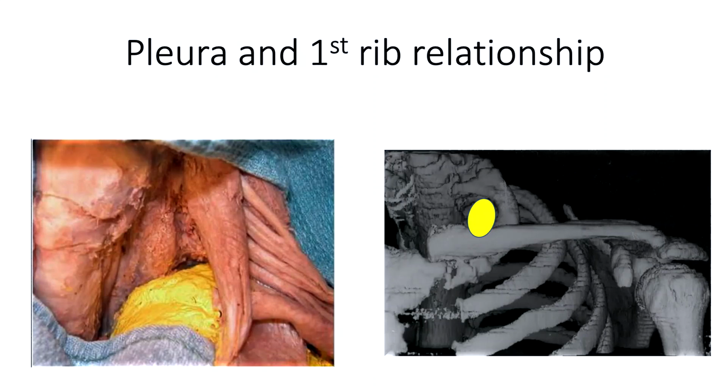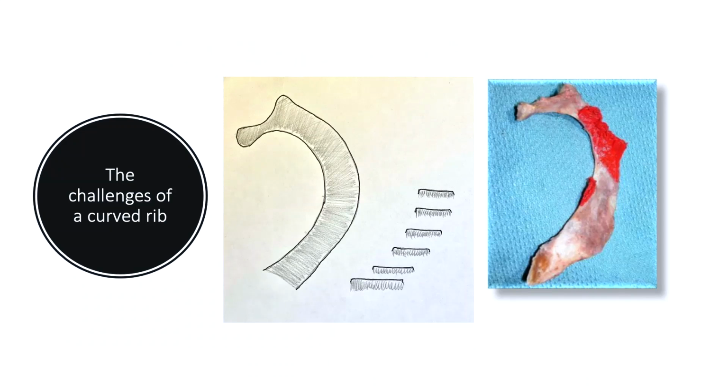But if the rib is rounded, then you have a problem, because if you are more anterior, you're closer to the clavicle, then the rib is coming in, protecting more pleura. But if you are a little bit more back, you see how the pleura becomes increasingly bigger.